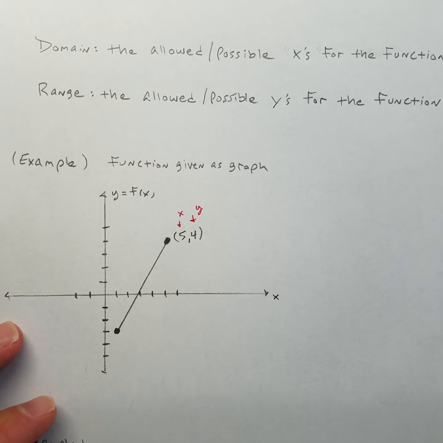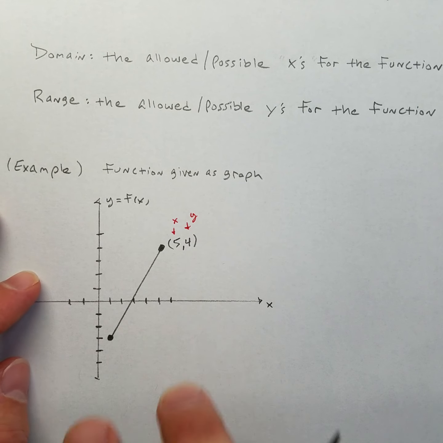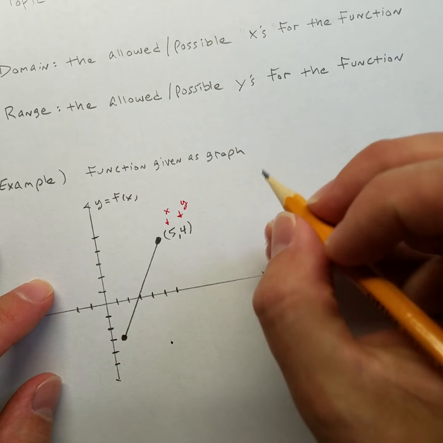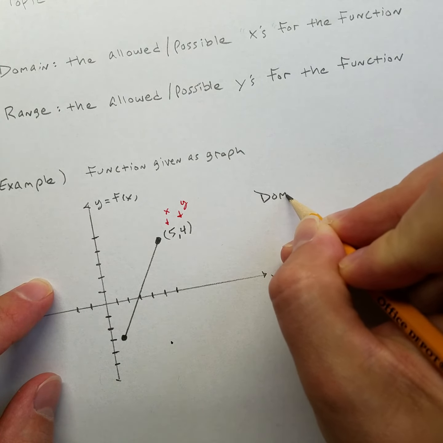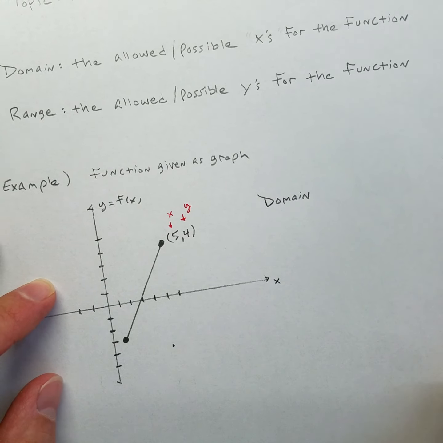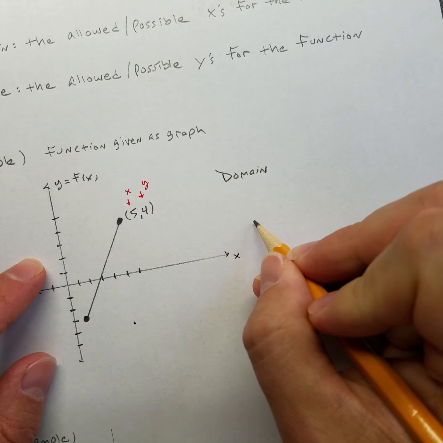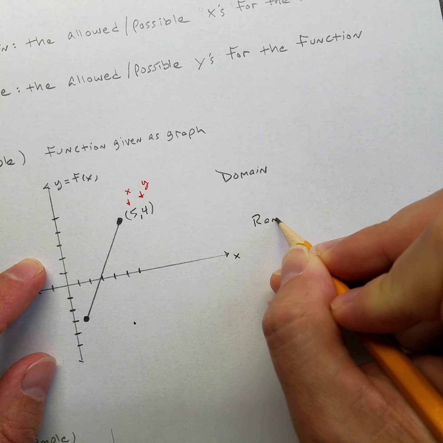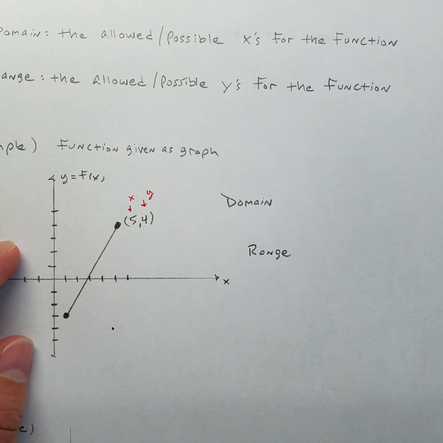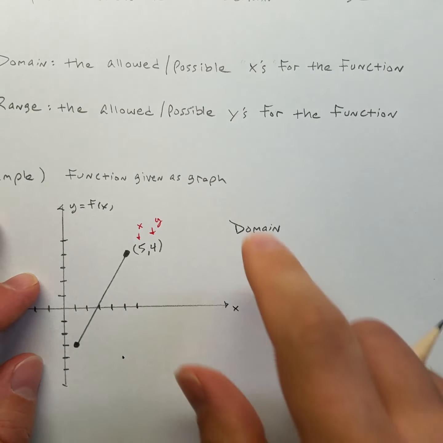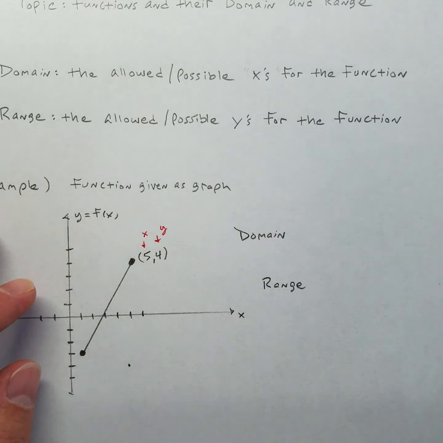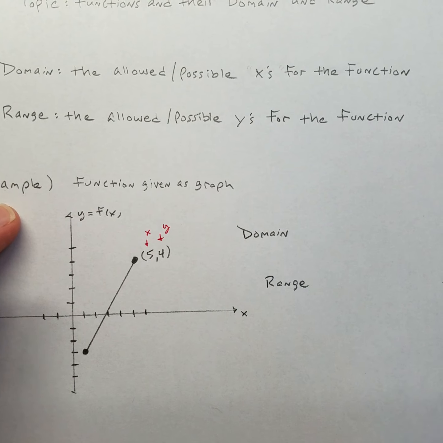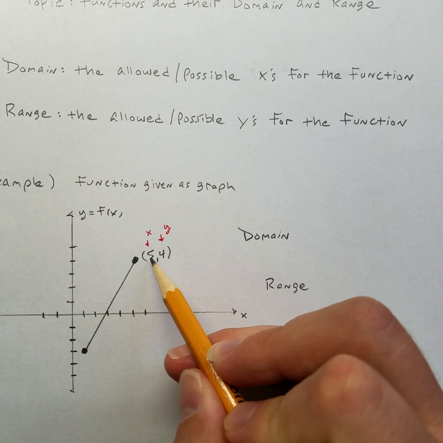So let's answer the question about, for this function, the way that it is, what's the domain? Okay, we'll write our answer. And then what's the range? Okay? Well, if the domain is just all the allowed or possible x's, then let's try to look at it like this. Can x be 5?